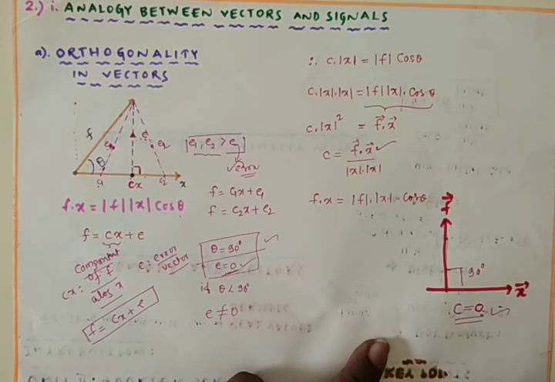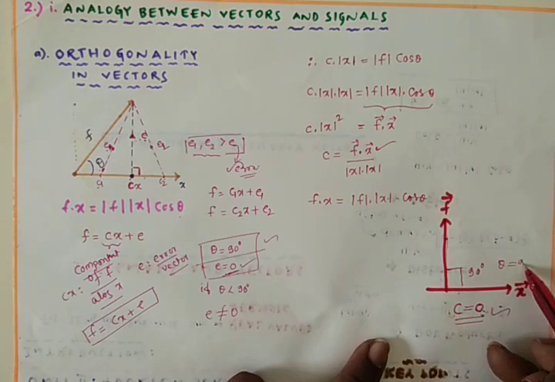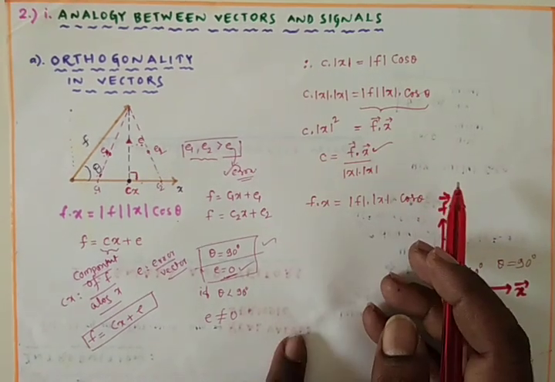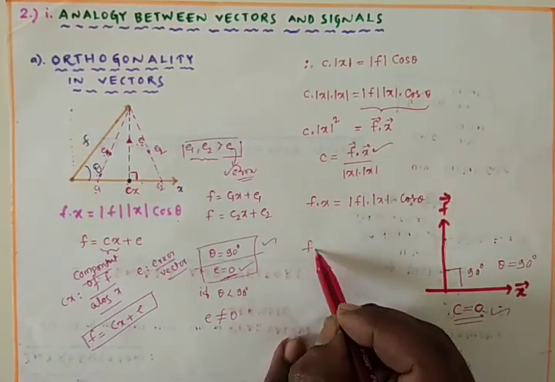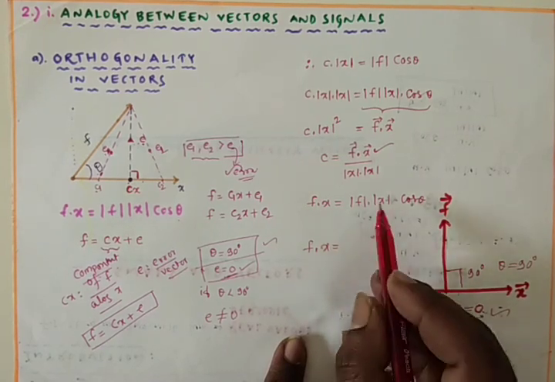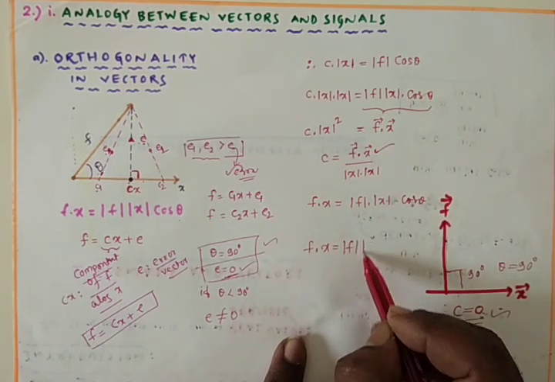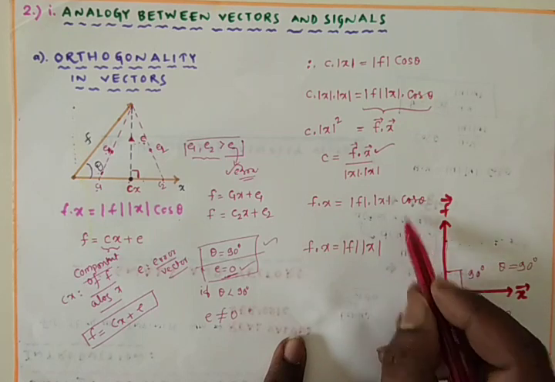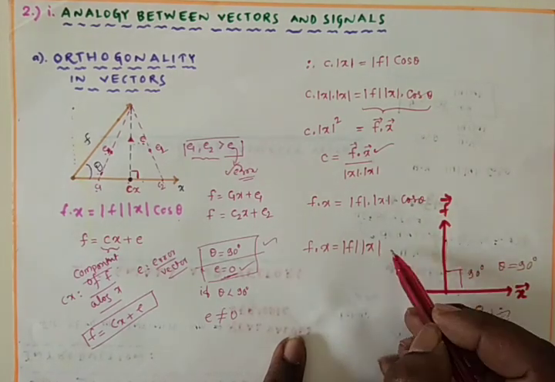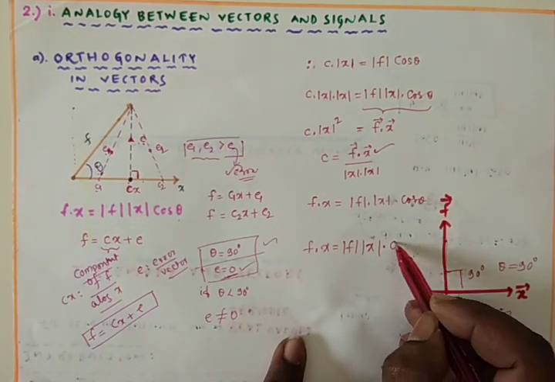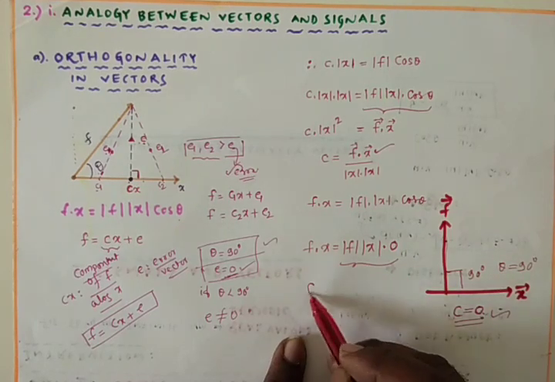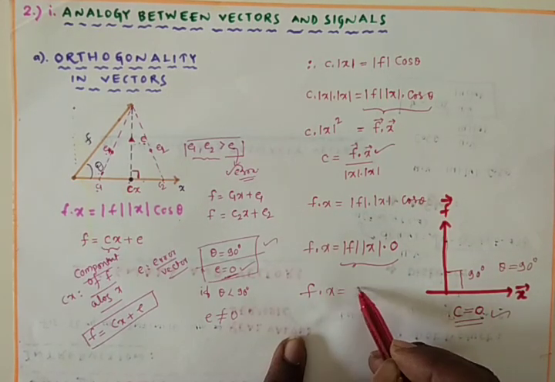C is equal to 0 due to the angle between them being 90 degrees. So in such cases, F dot X is equal to modulus of F into modulus of X into cos theta, where theta is 90 degrees and cos 90 is 0, so F dot X is equal to 0.